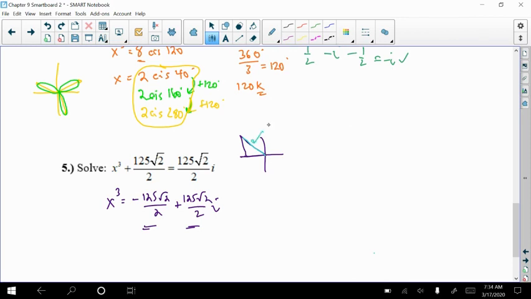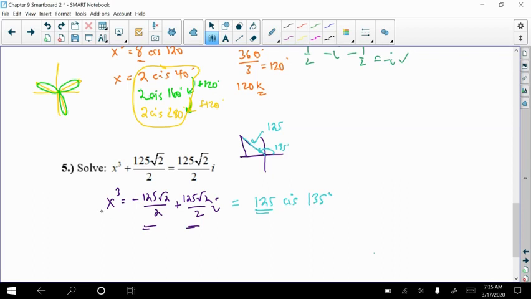So this hypotenuse is 125. And notice our angle is 135 degrees. So this is the same thing as saying 125 cis 135 degrees. And again, our magnitude will always be positive because it's a distance, and then 135 degrees right here.